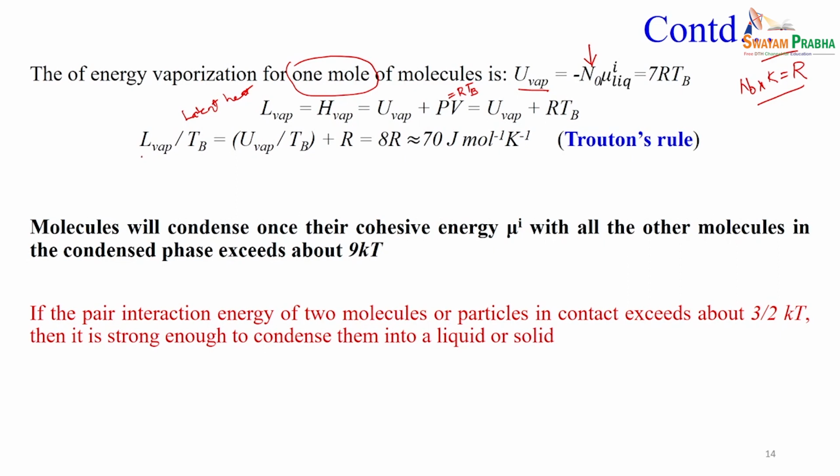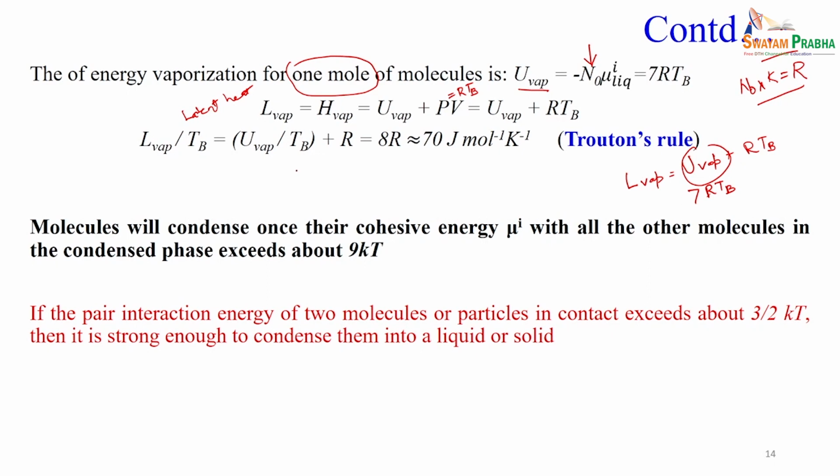So, if I rewrite this, the latent heat of vaporization L is equal to U of vaporization plus R Tb. Now, the U of vaporization is already 7 R Tb, so this is coming out to be 8 R Tb.